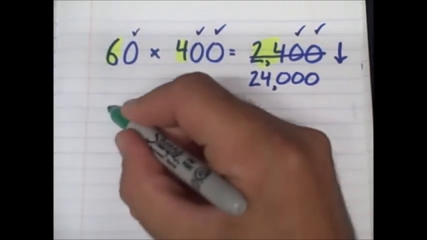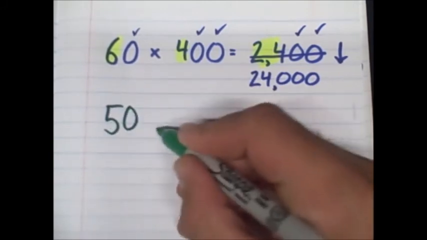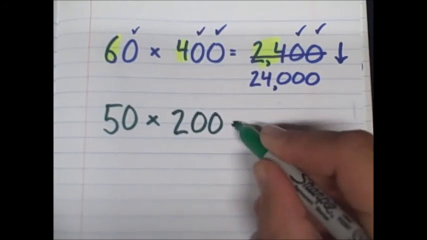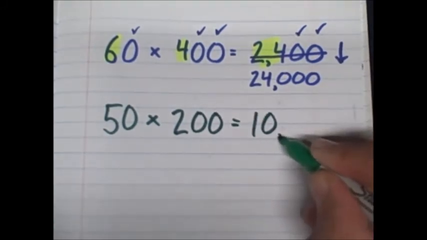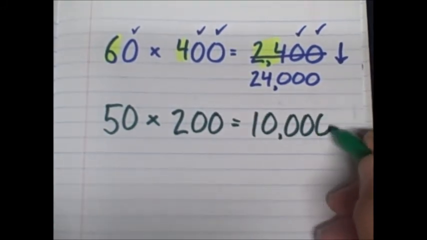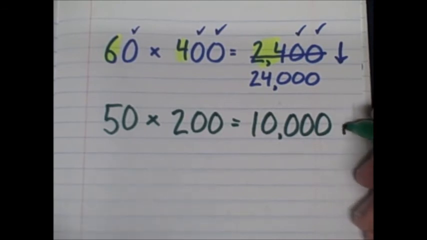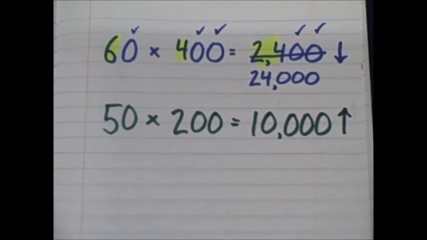Next one. 50 times 200 equals 10,000. Pause the video while you work. Unpause when you're ready. Okay. This answer is correct.